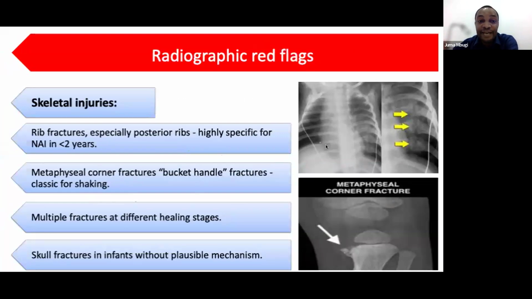And whenever you find posterior rib fractures, this is highly specific for non-accidental injury in children less than 2 years. The other skeletal injuries are metaphyseal corner fractures, which present as a bucket handle fracture, which is also a classic for shaking. Whenever you see that, it means there was some violent shaking or twisting of the child.